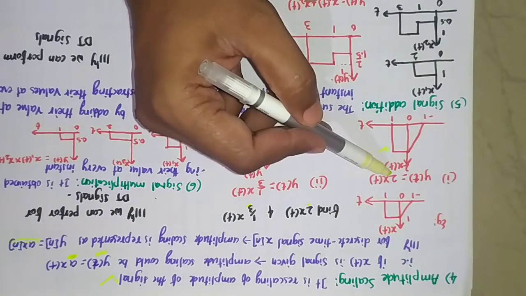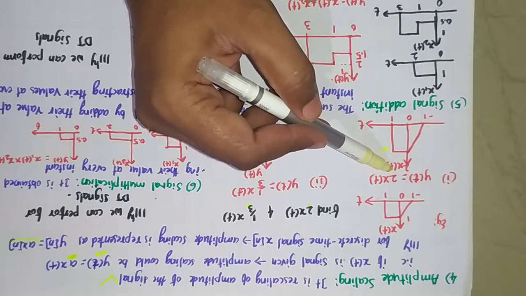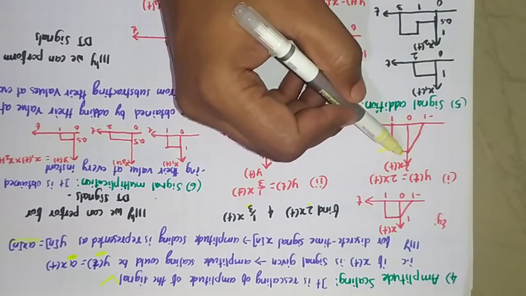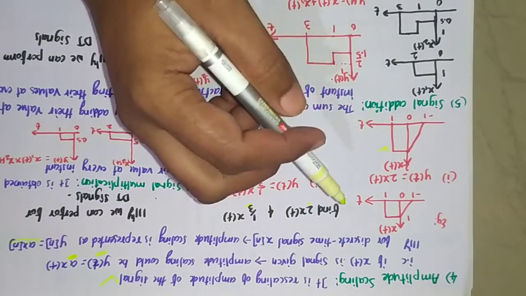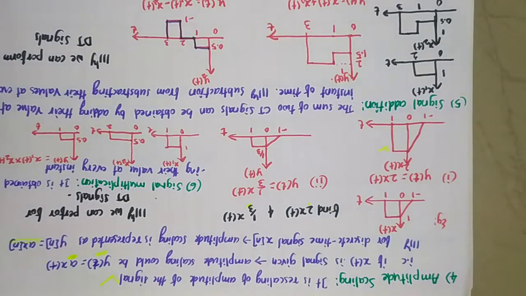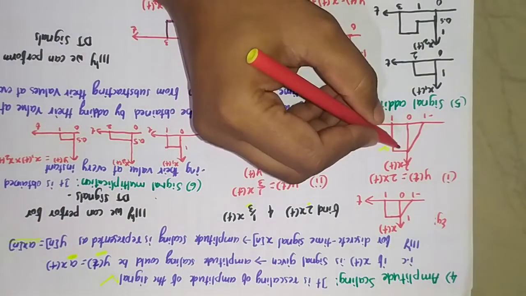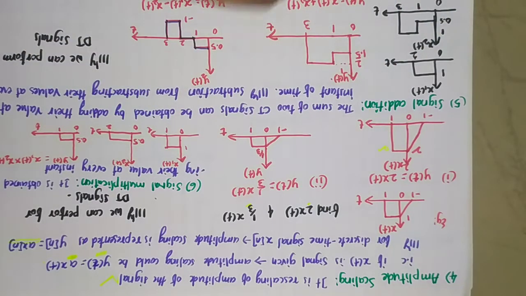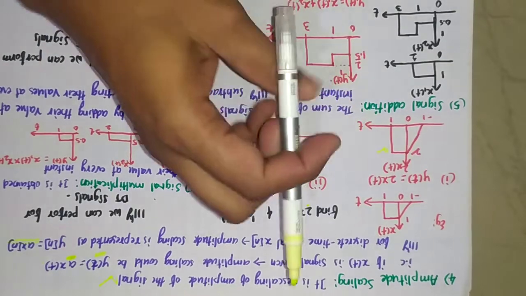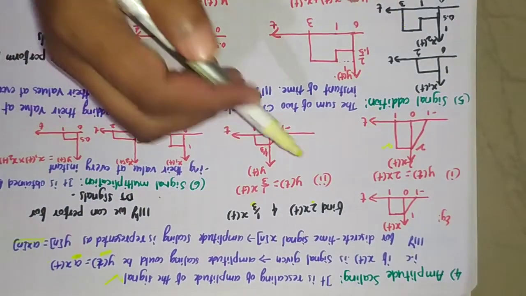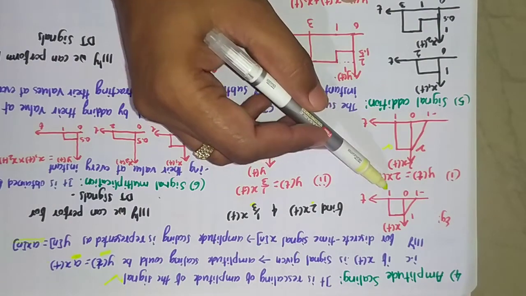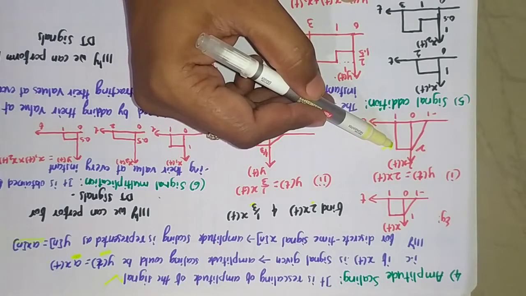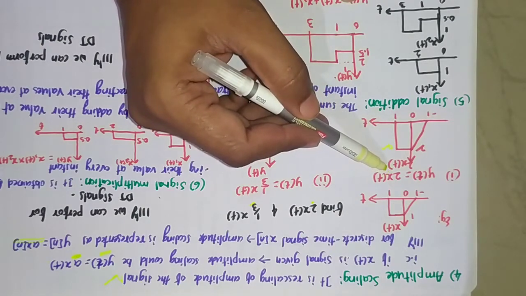Correspondingly, because we are doing 2x of t, if you multiply by 2 it will become 2 here. So the amplitude of this signal is now 2. Then at 1, again we have the signal with amplitude 1, so you will have amplitude 2. So this is the example of 2x of t.